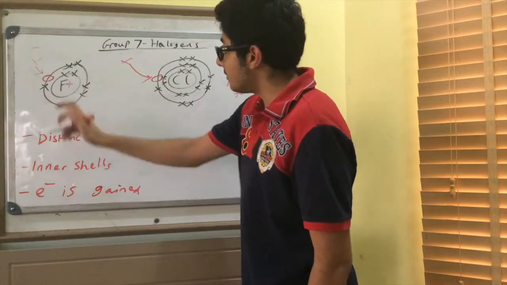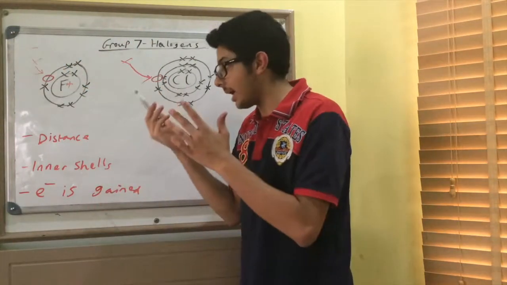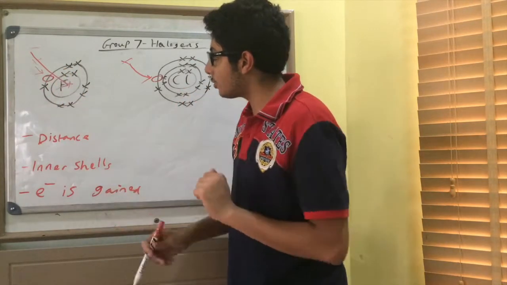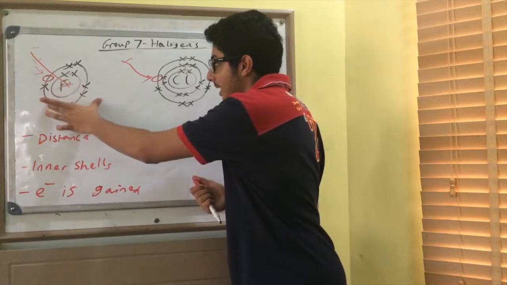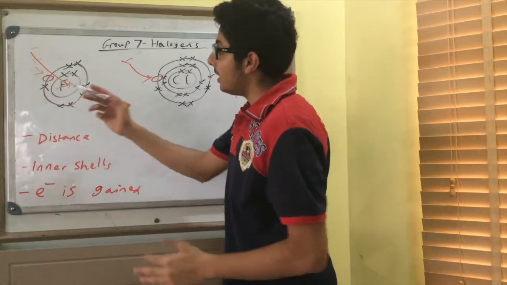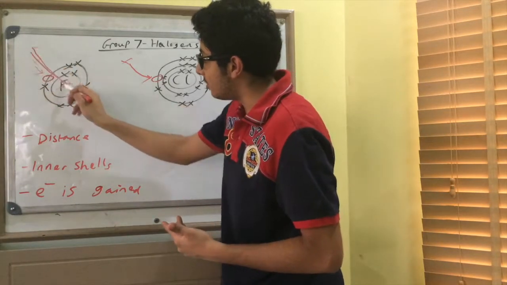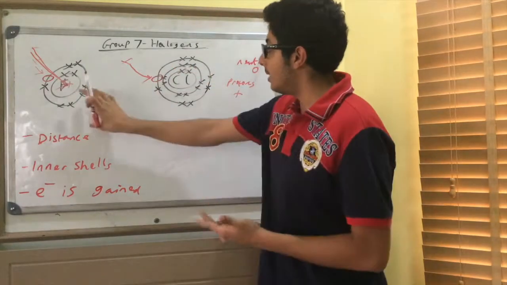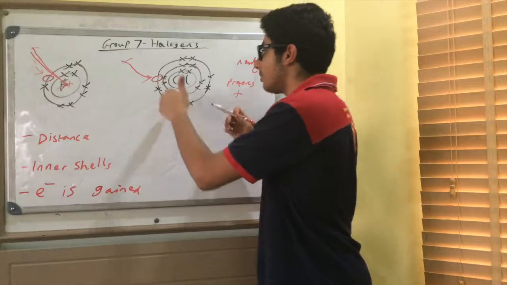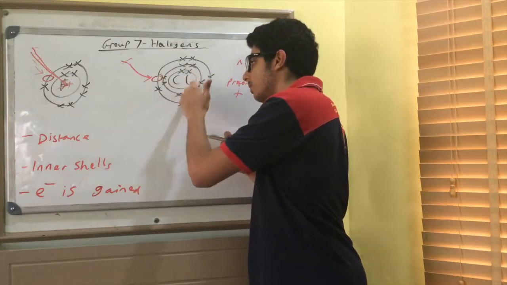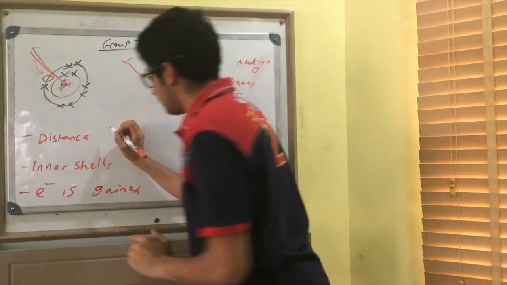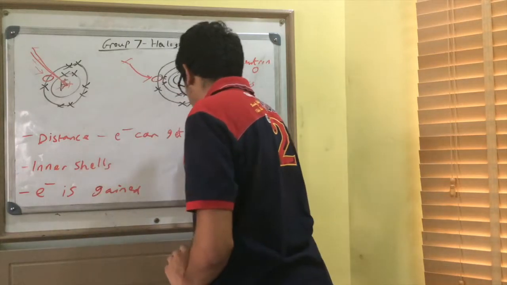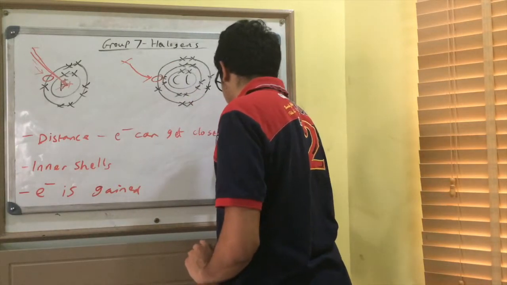So the positive charge of the nucleus, not the atom, will attract this electron. And the fewer shells the atom has, the easier it is for the electron to be gained, because it can get closer to the nucleus. But as you go down the group, more shells, so it's harder for the electron to get close to the nucleus.